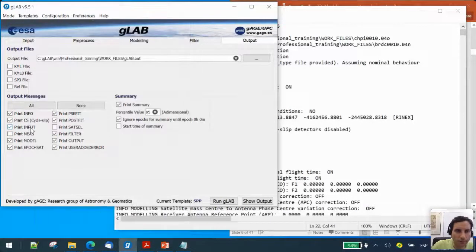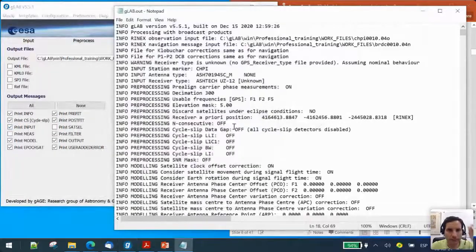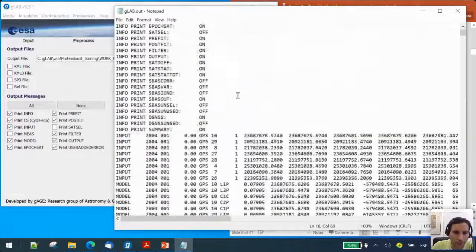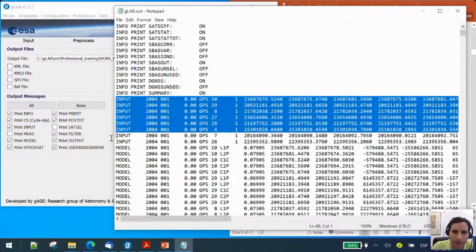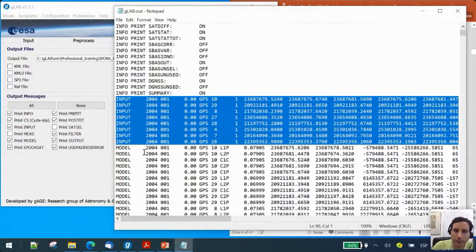All of these fields correspond to the messages that we are displaying in GLab. So you can see that we have this full traceability that I mentioned on Monday. At every step of the process, we know what the tool is doing.